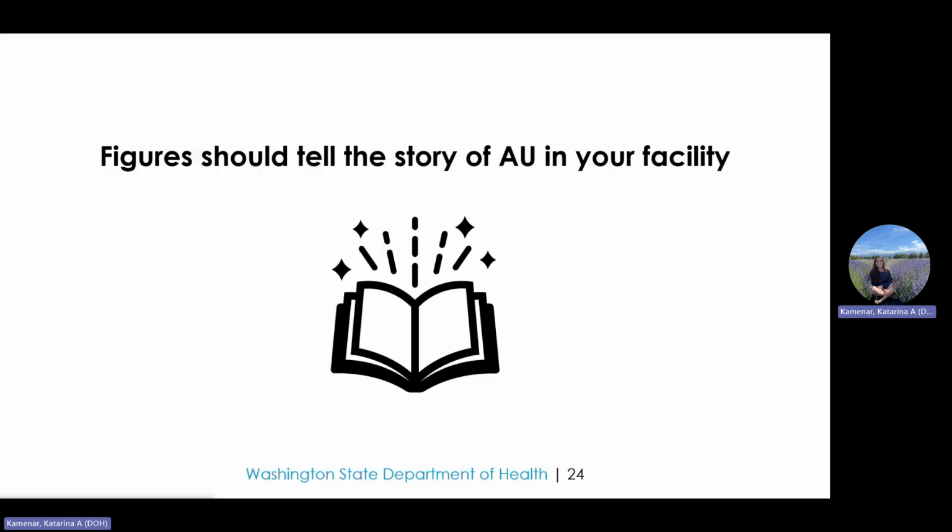When you report on antimicrobial use data and resistance to your staff, I recommend figures to tell the story of antibiotic use in your facility. So you really want to make a point with each figure you show to your facility. So it's highlighting where you need to go with your program, where problem areas are, or where success stories are.